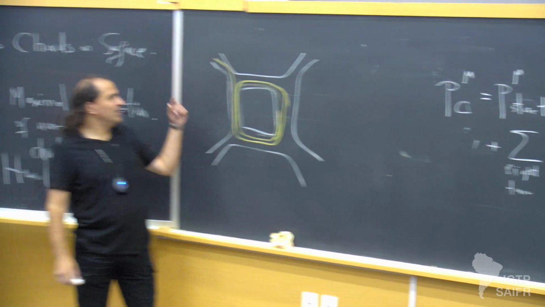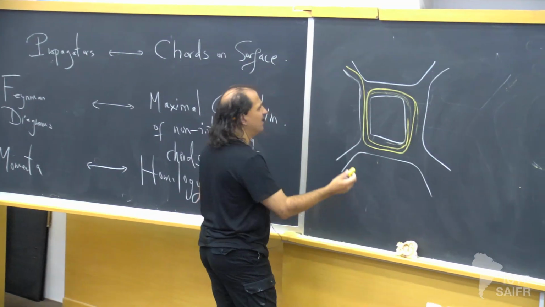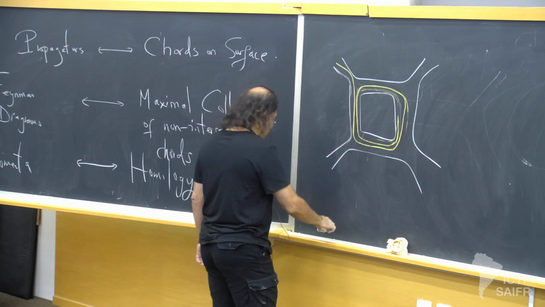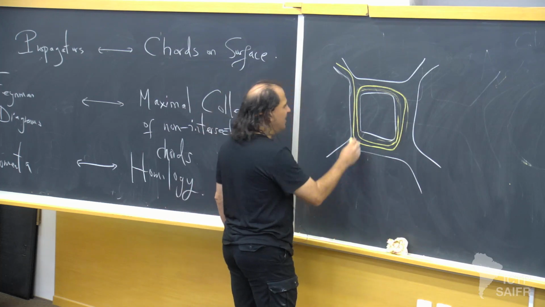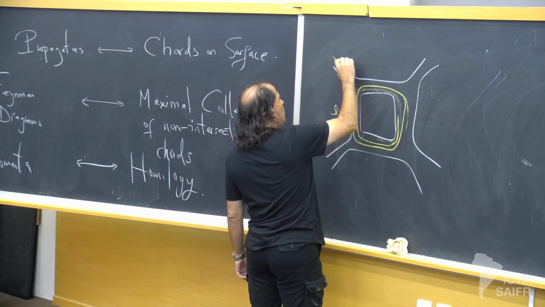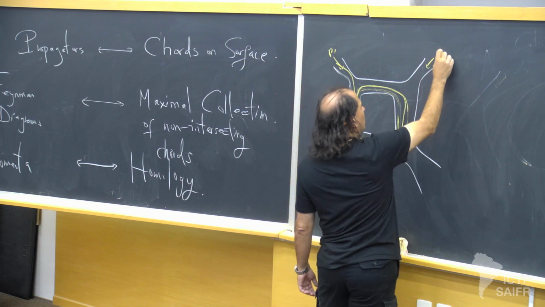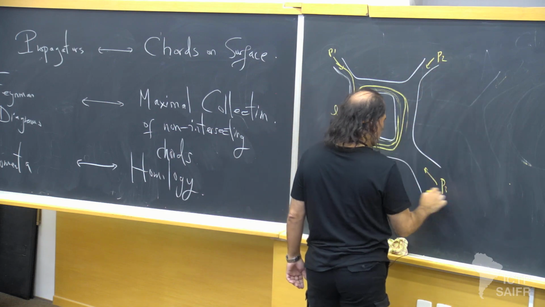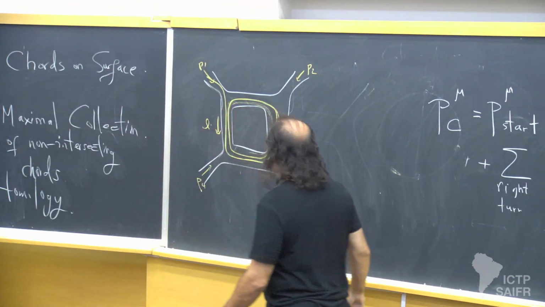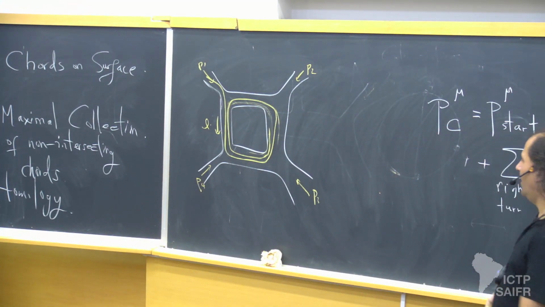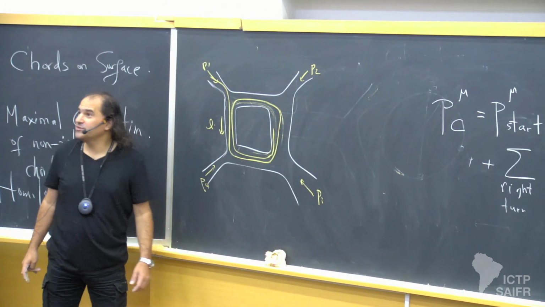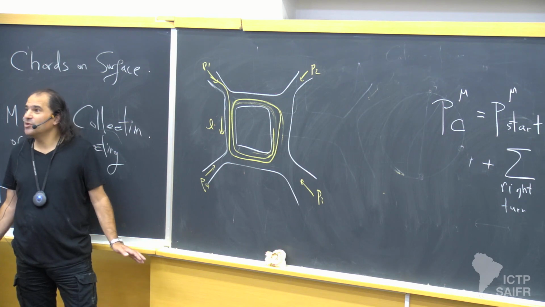So for example, let's see what the rule is. Let's say that in this case, I assigned this guy to have momentum L. So let's say this is P1, P2, P3, P4. Then the momentum that you would assign to any curve in this picture is the same as it was before.